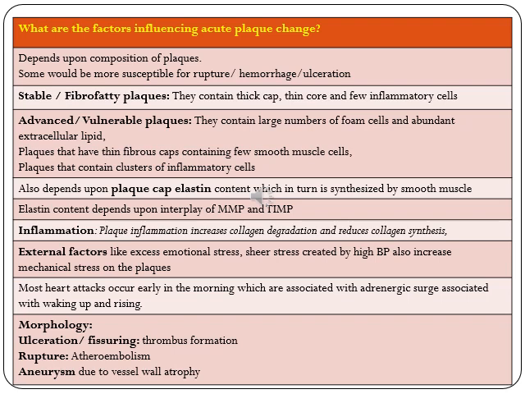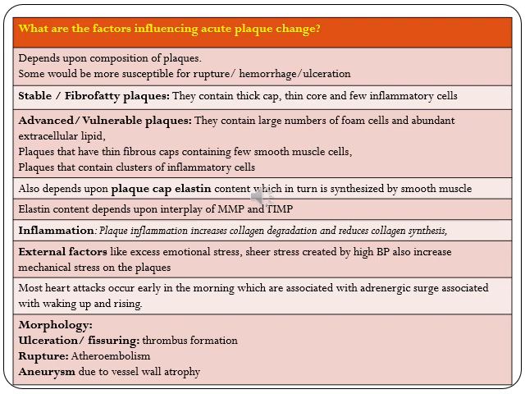Also, the fibrous cap which provides support to this plaque is thinned out. These thinned out fibrous caps contain few smooth muscle cells, and these plaques will also contain clusters of inflammatory cells.